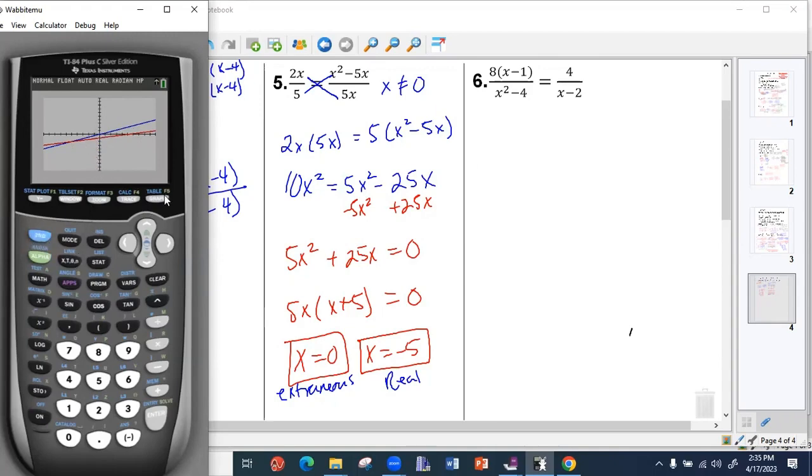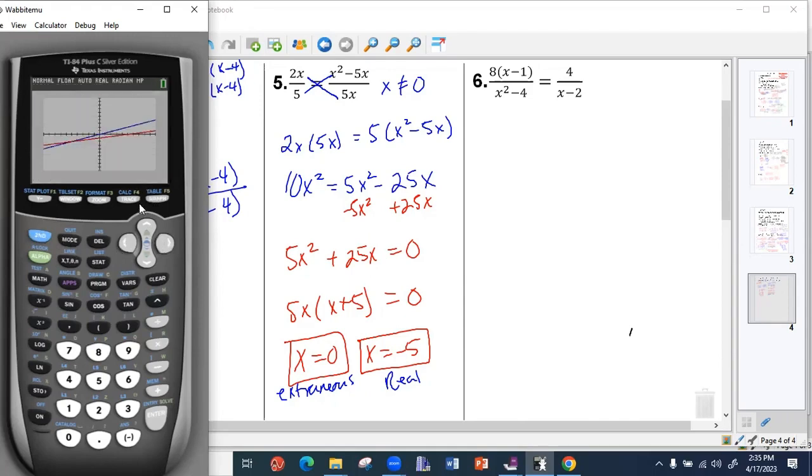I can also click second graph and go to the table to see if I can find that point of intersection. If you look here at 0, one of the functions is defined at 0, but the other one has an error. Remember, it has that removable discontinuity of there being a hole at 0. But I go up to where it was looking like they were intersecting, and notice at -5, I get -2 and -2. So that is why -5 is my real solution.